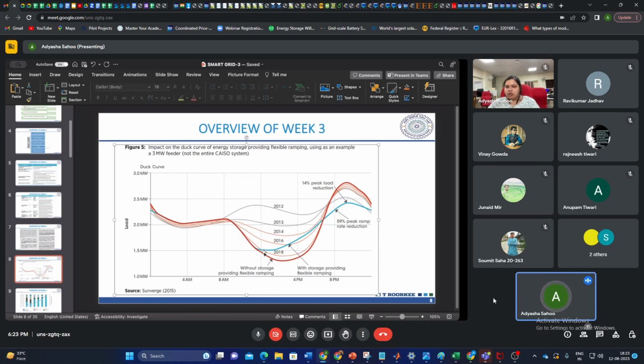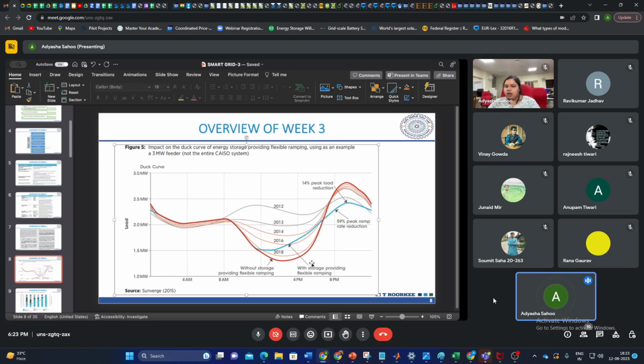You can see the red line. It is for 2018, where the load has dropped to less than 1.5 megawatts. And immediately when the solar hours are over, the demand drastically increases to about 2.75 megawatts. So within this small period of time, we need to ramp up our resources.